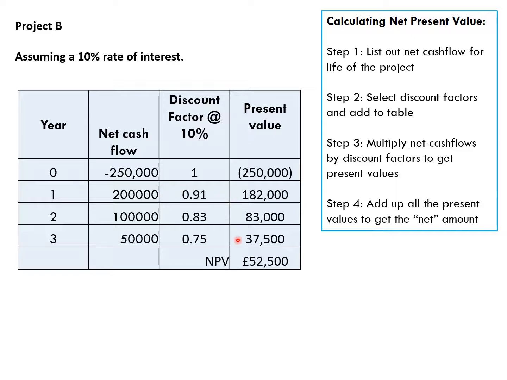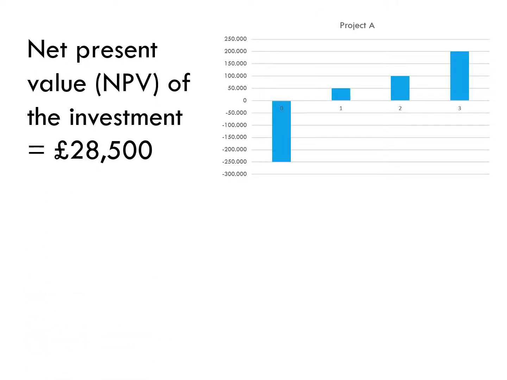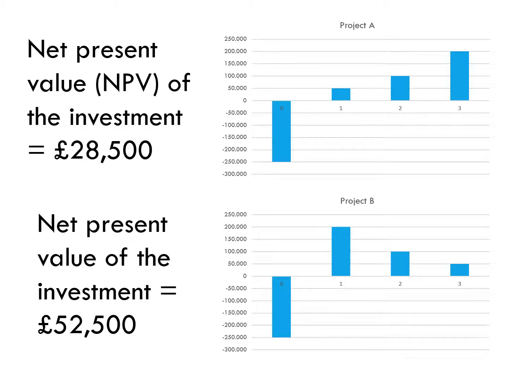Once we have all our present values, to get the net present value, we simply add them all together. And here, did you get this answer? The net present value of Project B is £52,500.